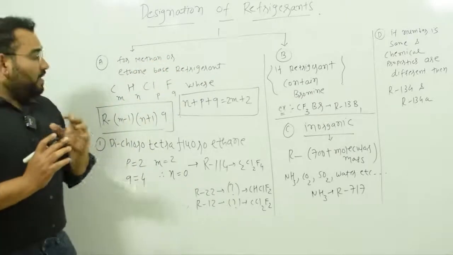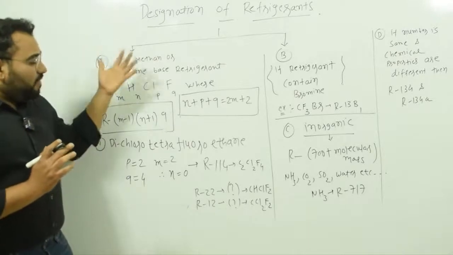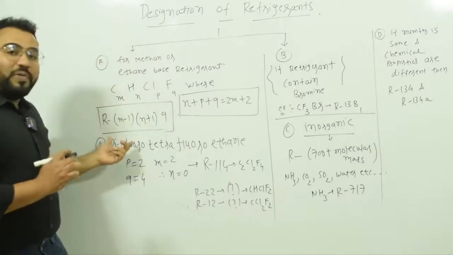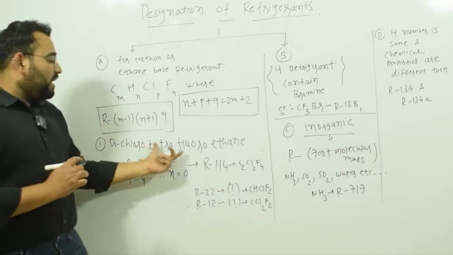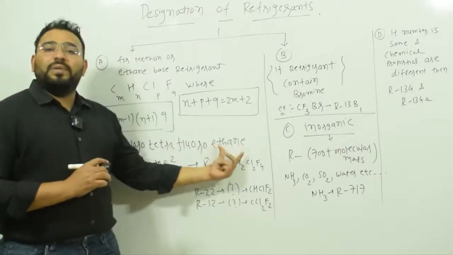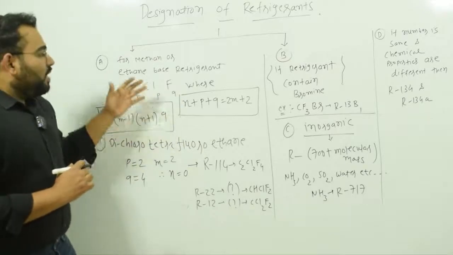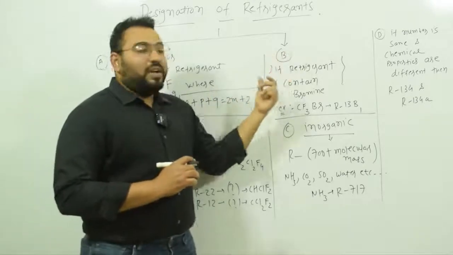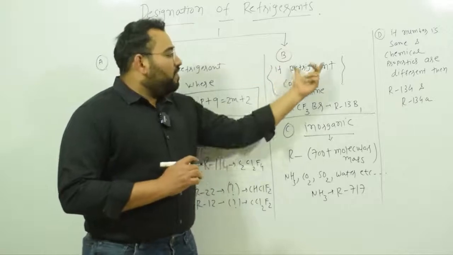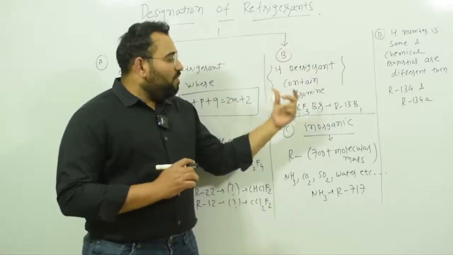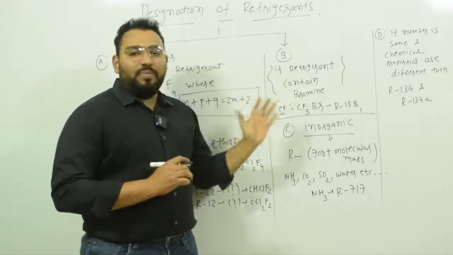These are refrigerants which contain methane and ethane. Here you can see one example, dichlorotetrafluoroethane, so here the base is ethane. In such kind of refrigerant, how to give the name? In part B, we are going to give the name to the refrigerant which contains bromine. If the refrigerant contains bromine, then how to give the numbering?